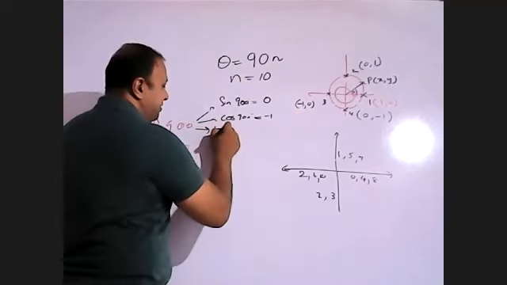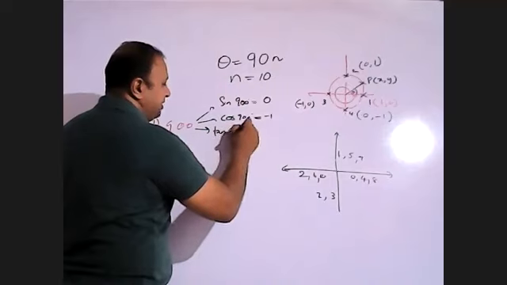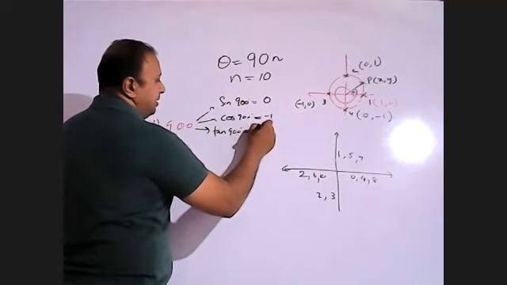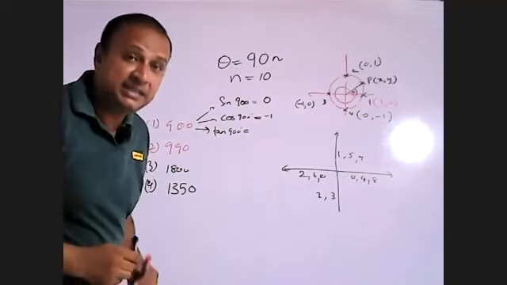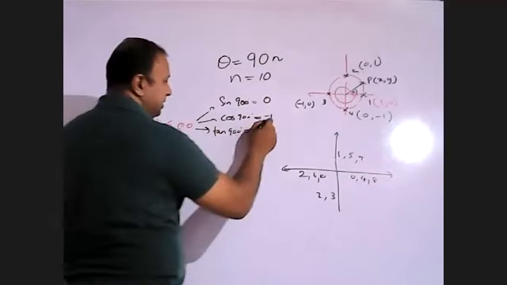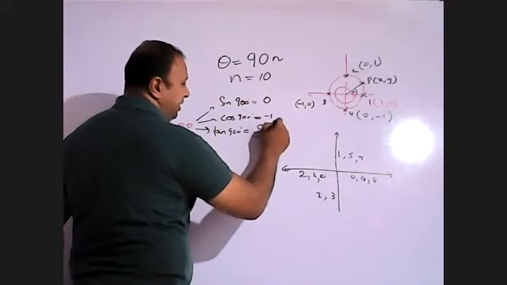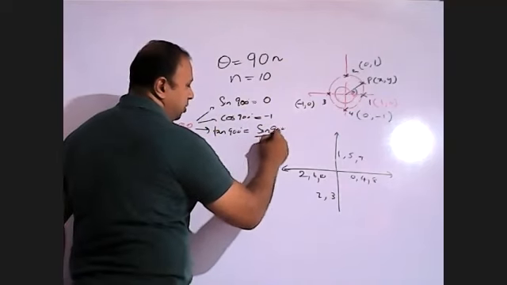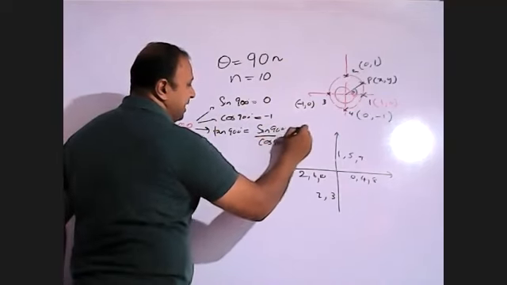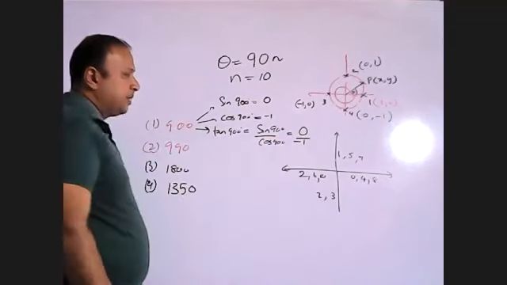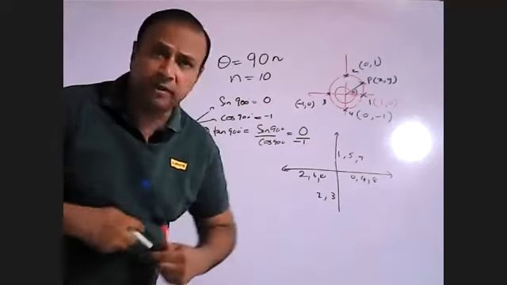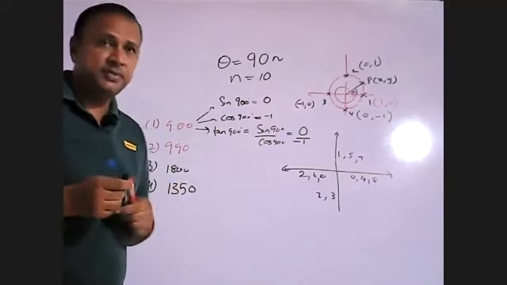Then tan 900 is sine over cos. Sine 900 is 0 and cos 900 is -1. 0 over -1 is not infinity. It is equal to 0.